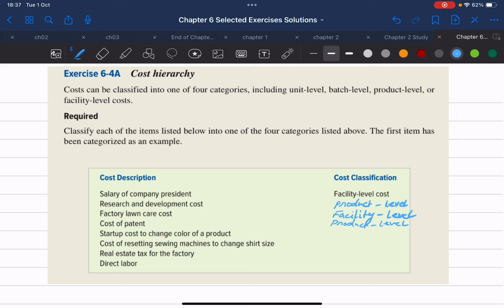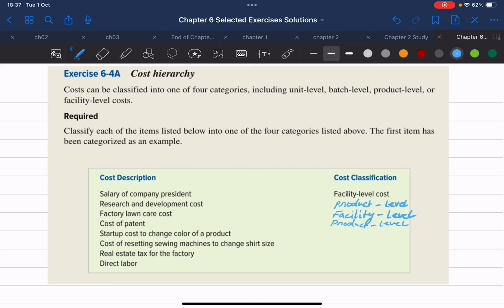Next one, startup cost to change color of a product. So when you have manufacturing equipment, that manufacturing equipment typically can produce different variations of a product, right? If you remember the markers example I gave you in class, for example, if you produce whiteboard markers, you produce those markers in multiple colors. Let's say black, blue, red, and green, right?